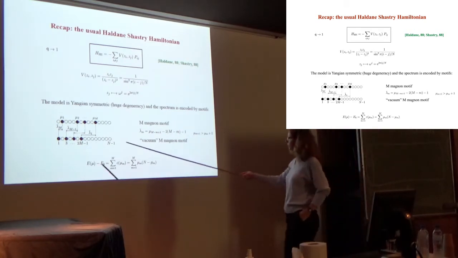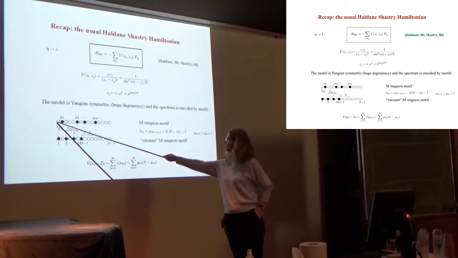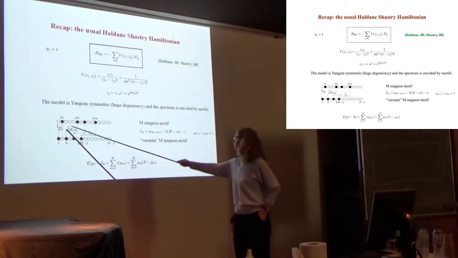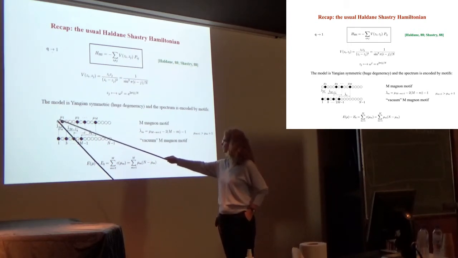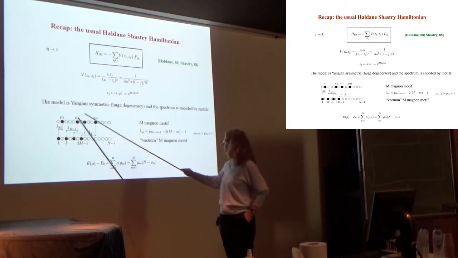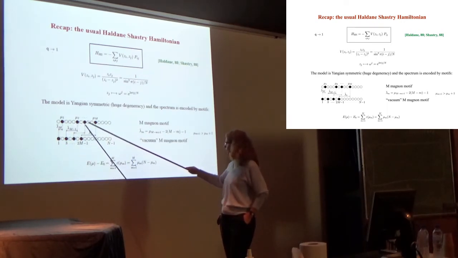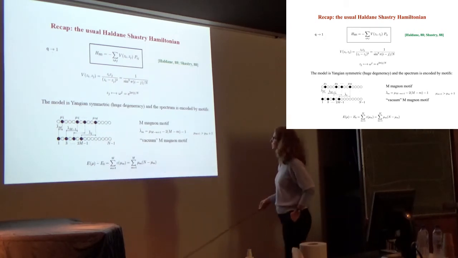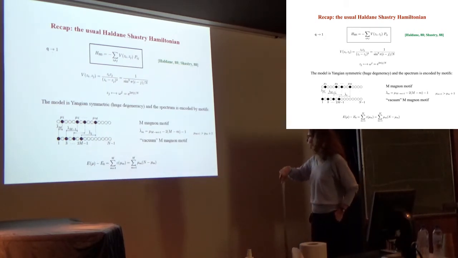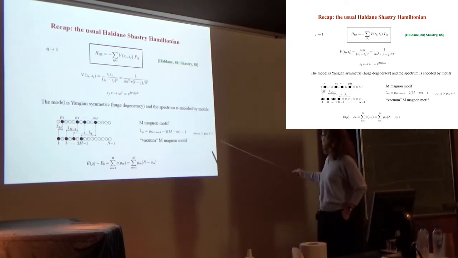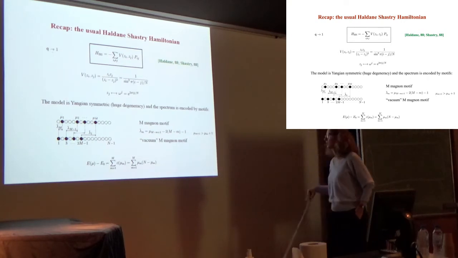You imagine integers in the range from 1 to n minus 1, the places you can occupy, and you have some occupation numbers given by these integers mu_1 to mu_m, and there is a selection rule which says that the difference of two consecutive mu's should be at least 2, greater than 1.